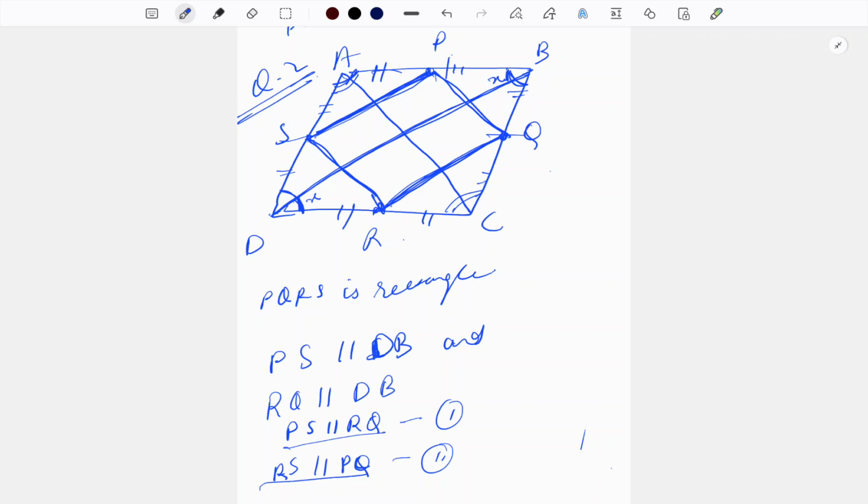So diagonals of a parallelogram bisect each other. This also we know. So let us mark it as point O. So this will also be equal to this, and this will also be equal to this.